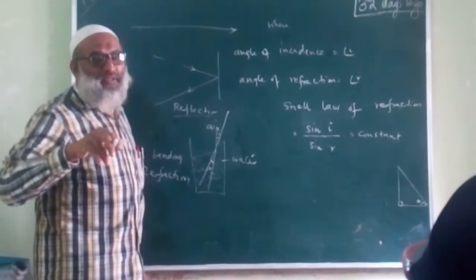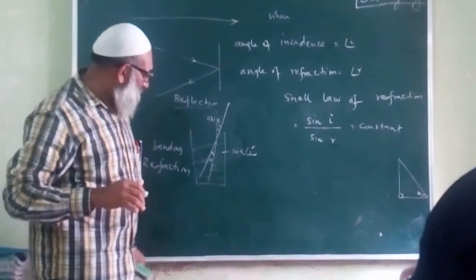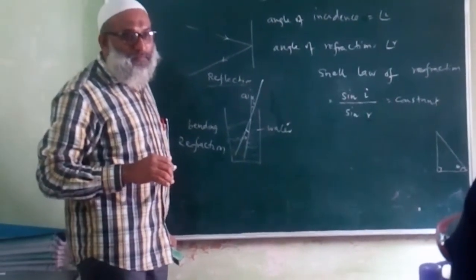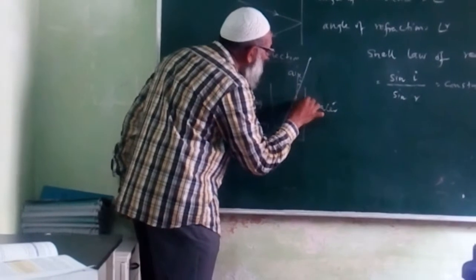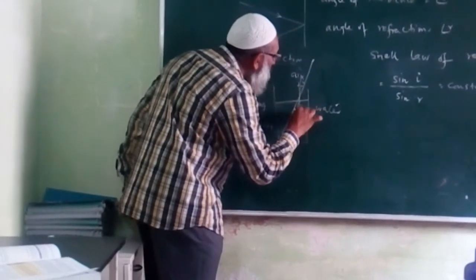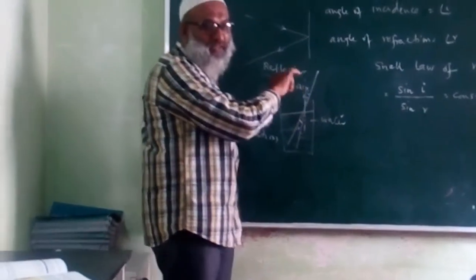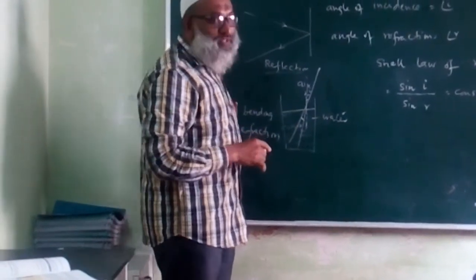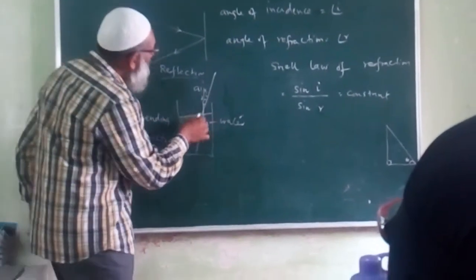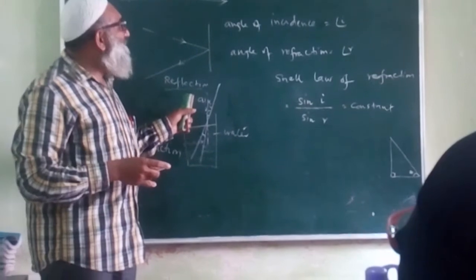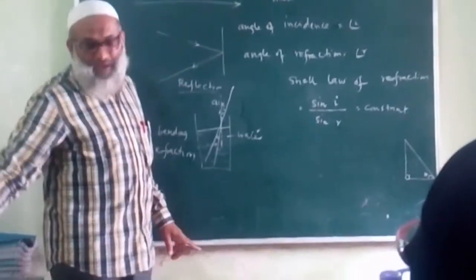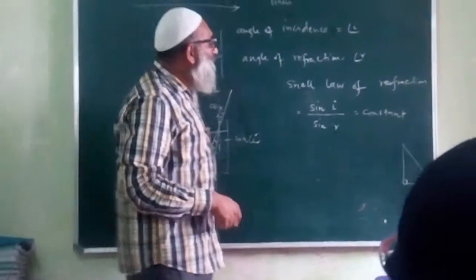With the angle of incidence measured from the normal, we will get different angles. Inshallah we will do this with a prism or with a glass slab. We will do these two experiments, inshallah, because they are in our syllabus also.